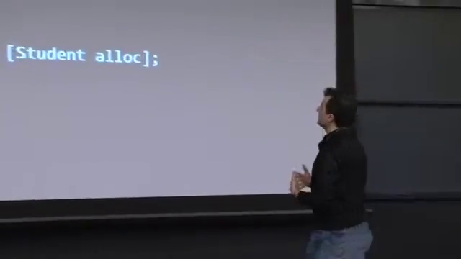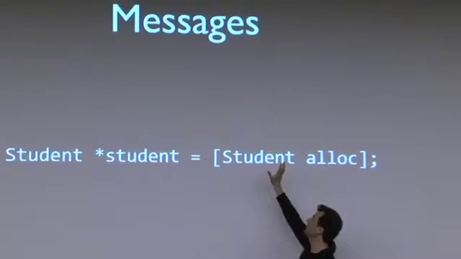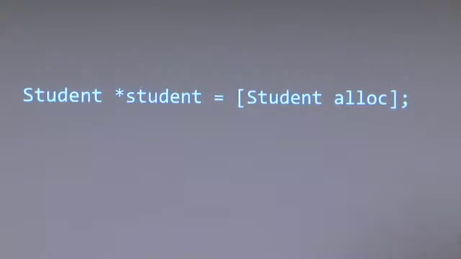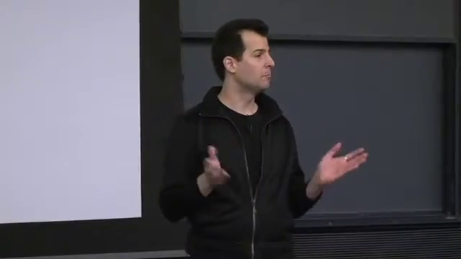So in this case, I'm passing the alloc message to the student class in hopes of getting a response. In Java-speak, I'm calling the alloc method on the student class. And in this out-of-context example, it's apparently a static method, because the capital S Student suggests that's the class name, not an object's name. But again, we'll see an example in a moment.